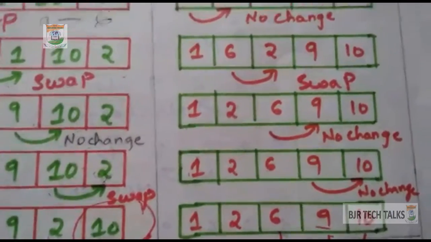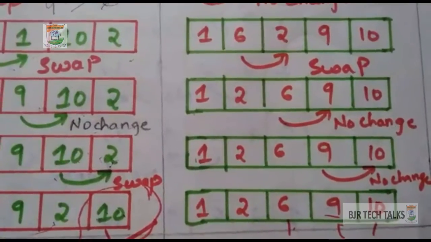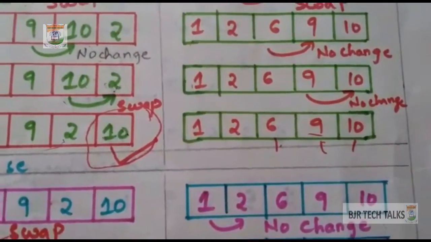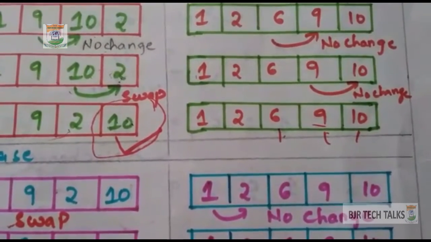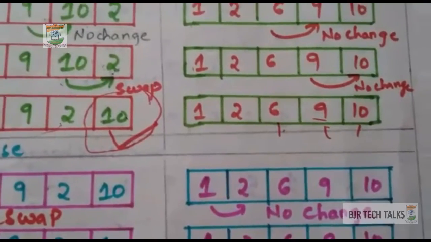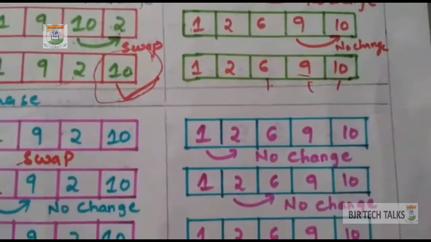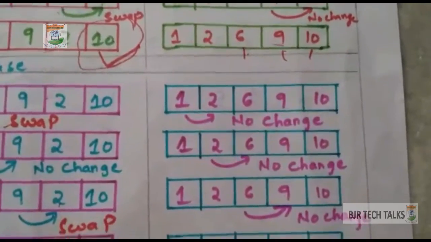Now we will take the last array of the third phase, that is 1, 2, 6, 9, 10. See here the fourth phase: 1, 2, 6, 9, 10. When 1 is compared to 2, 1 is less than 2, so no change. And 2 is less than 6, no change. 6 is less than 9, here also no change.